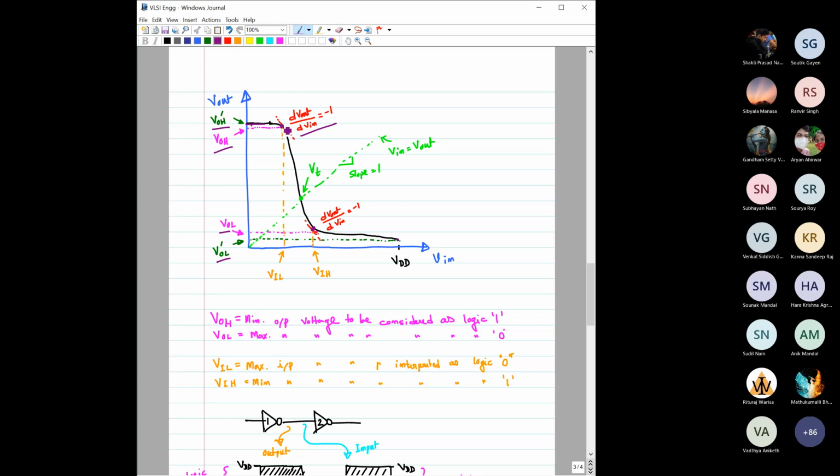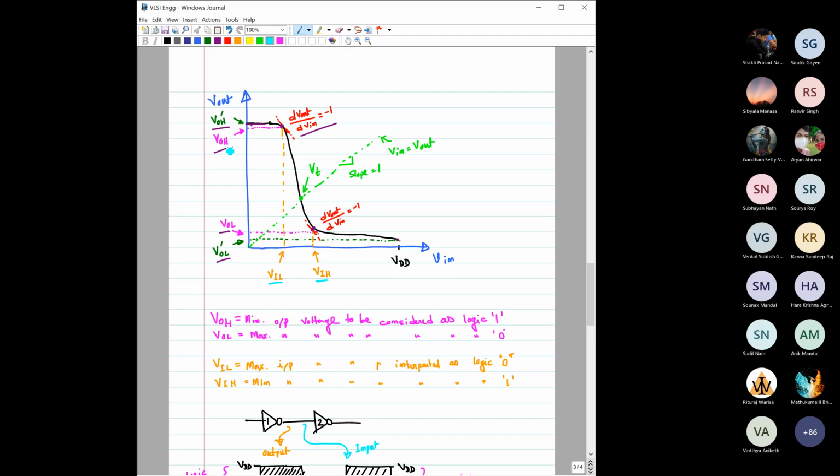The corresponding input voltages we have termed as follows: this point is VIL and this point is VIH. So VOL output, corresponding input VIL; VOH output, corresponding input VIH. I hope now we will not make any mistake in identifying these points.